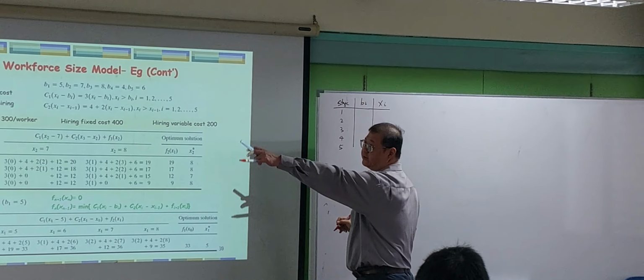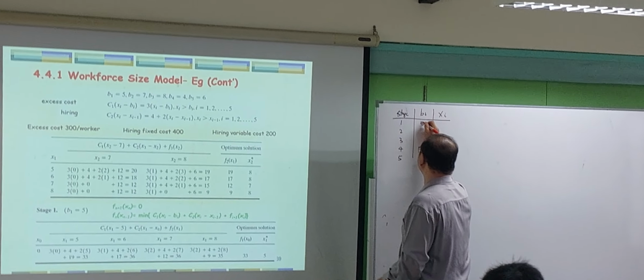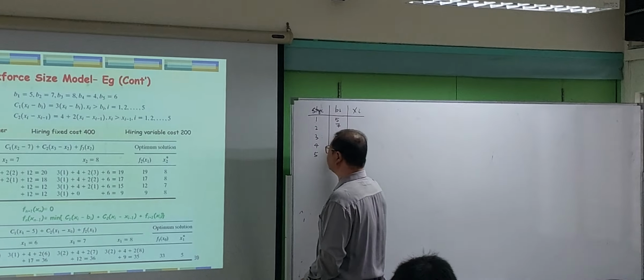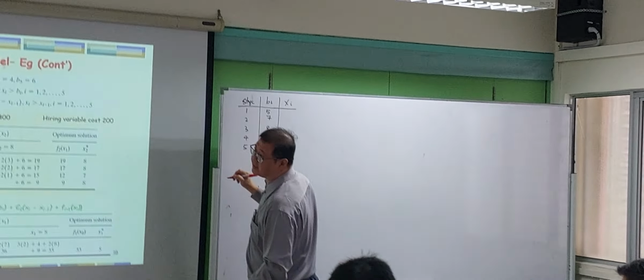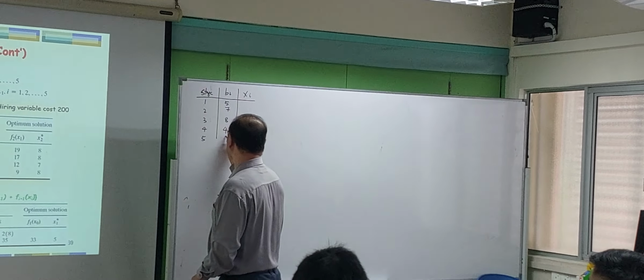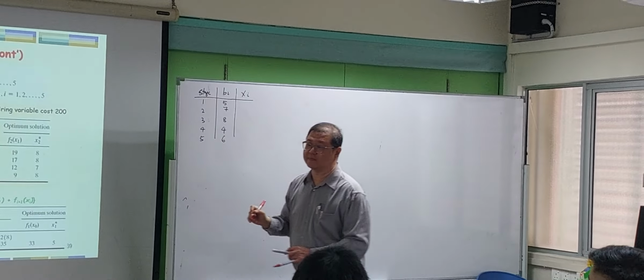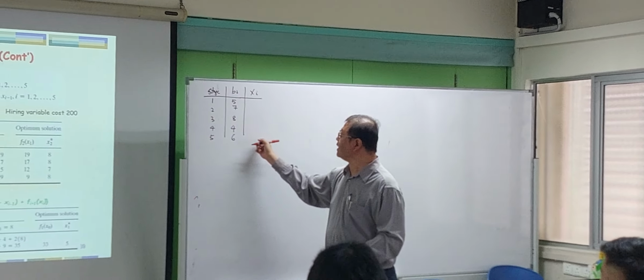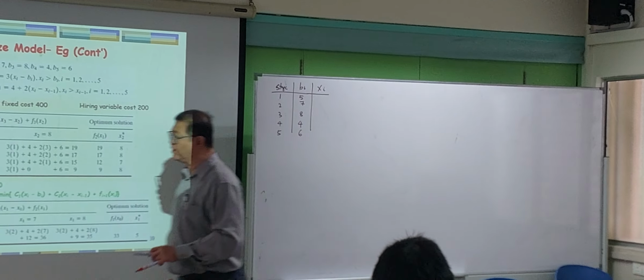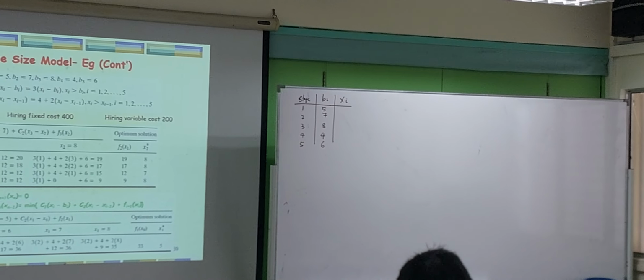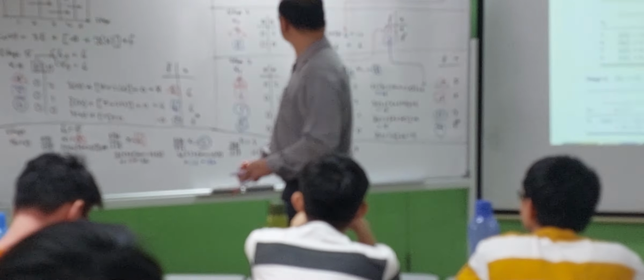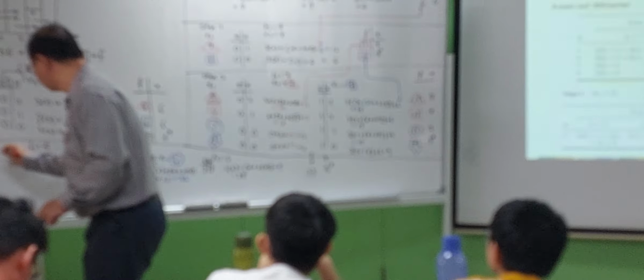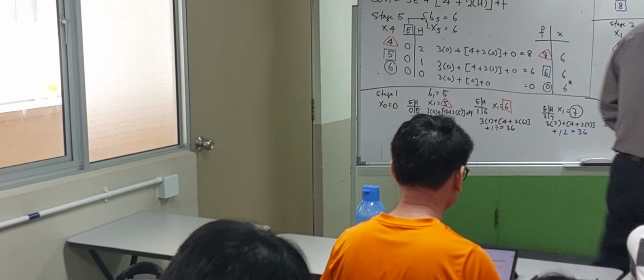So VI you get it from the graph. 5, 7, 8, 4, 6. Okay? Now, xi, you get it from your asterisk. Okay? So, stage 1, 5.